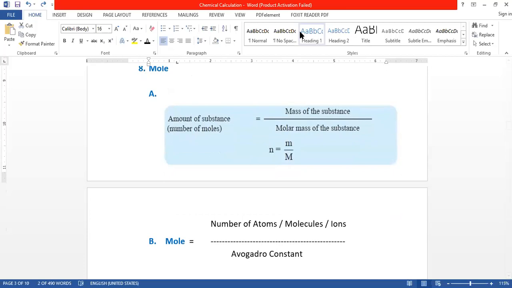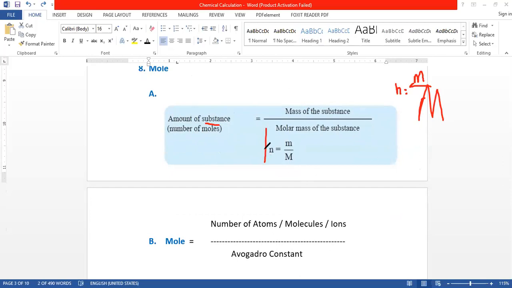Equation number one: the amount of any substance, or number of moles, is equal to given mass over molar mass, capital M. These equations are useful to find the amount of substance, the amount of moles. Small n is equal to given mass over molar mass.